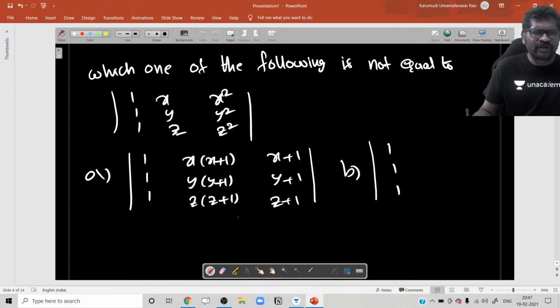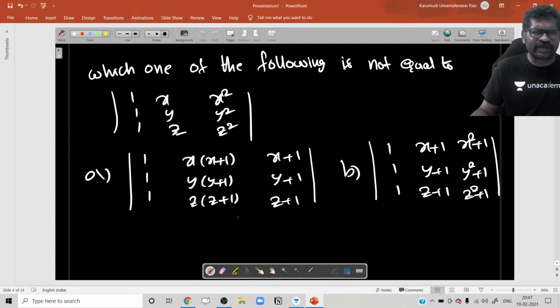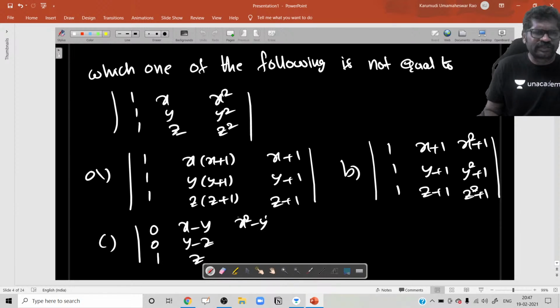Second option: 1 1 1, x plus 1, y plus 1, z plus 1, x square plus 1, y square plus 1, z square plus 1. Third option: 0 0 1, x minus y, minus z, z, x square minus y square, minus z square, z square.